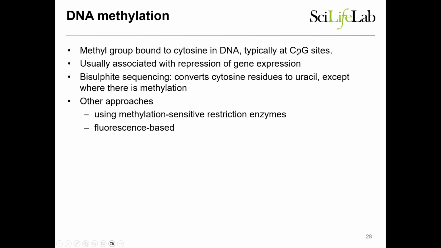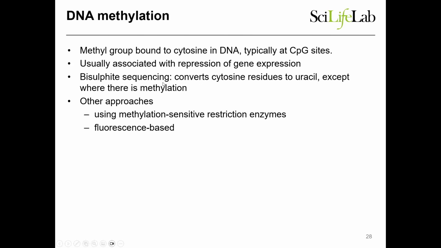Often you have many of these together at what's called CpG islands. So this is a C with methylation and a G. If you have a lot of these methylations nearby, they're called CpG islands, and it's associated with repression of gene expression. So this often, not always, but in most cases, reduces or turns off gene expression.